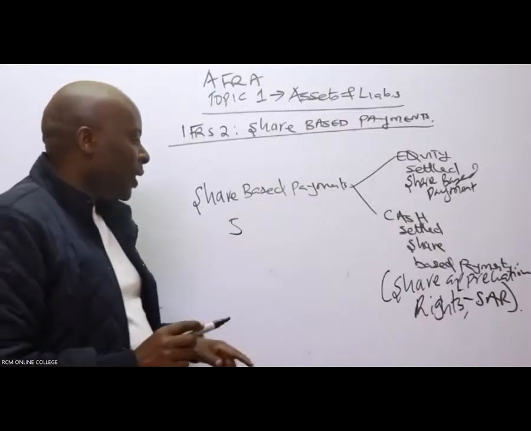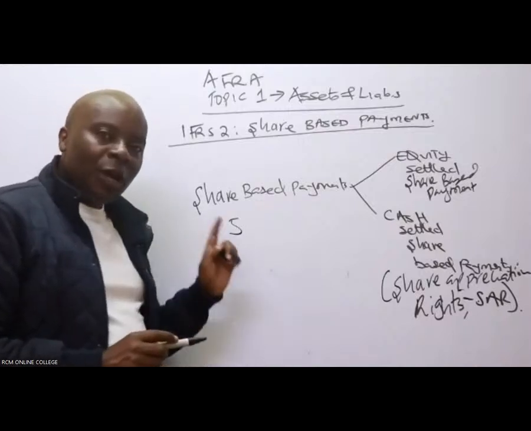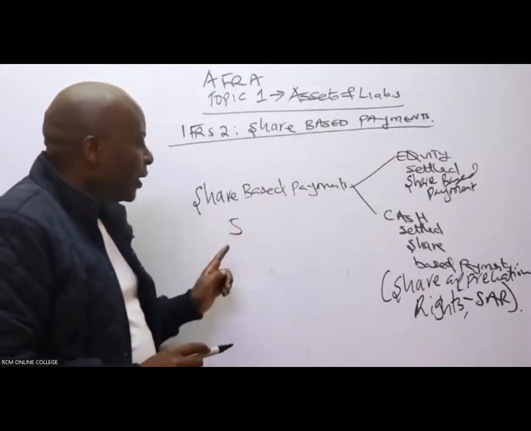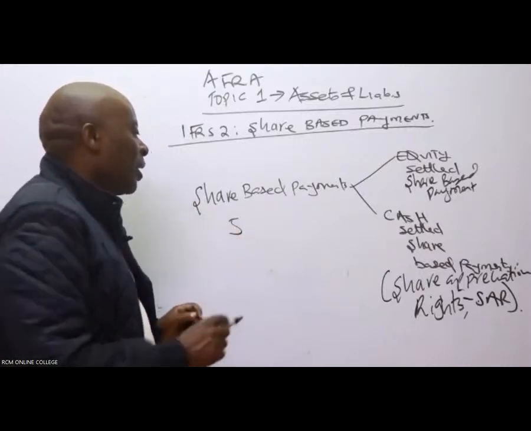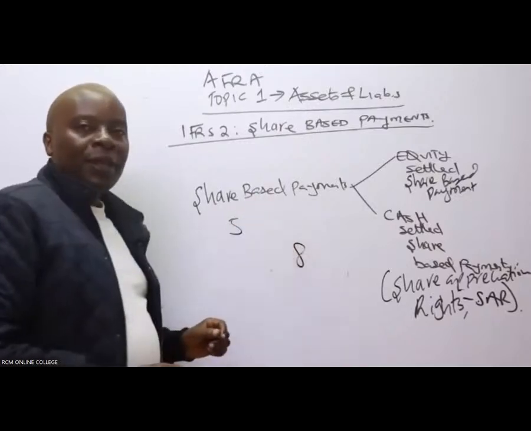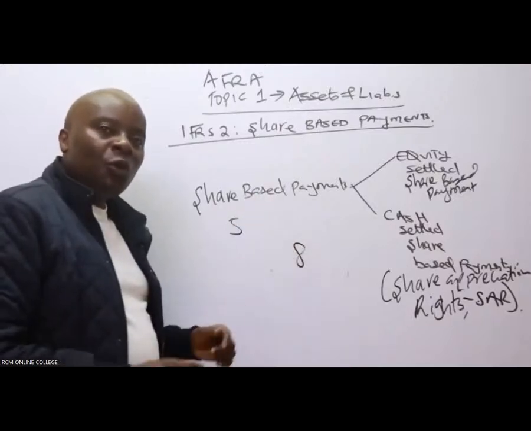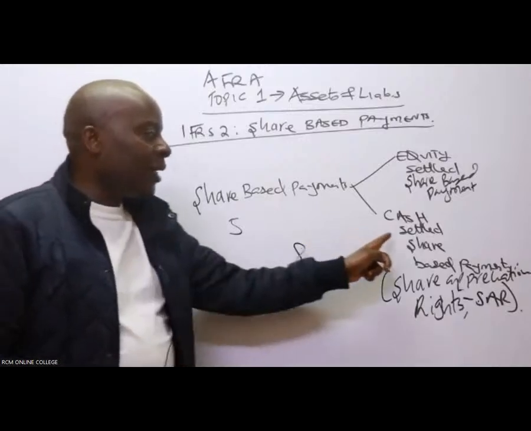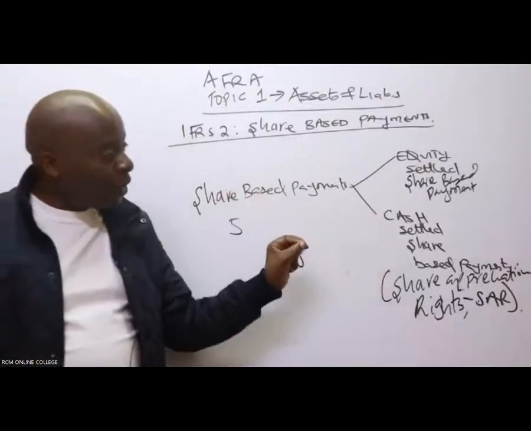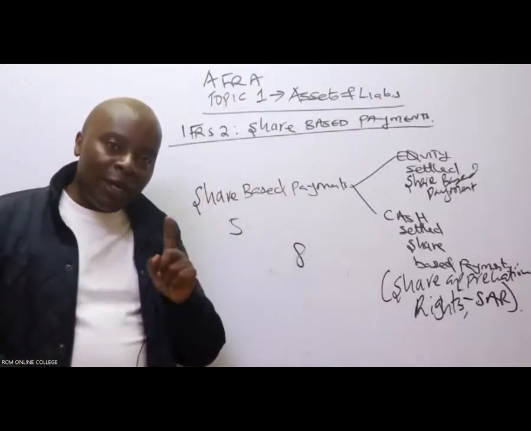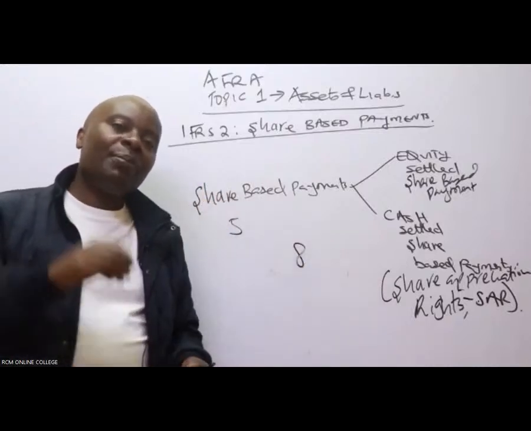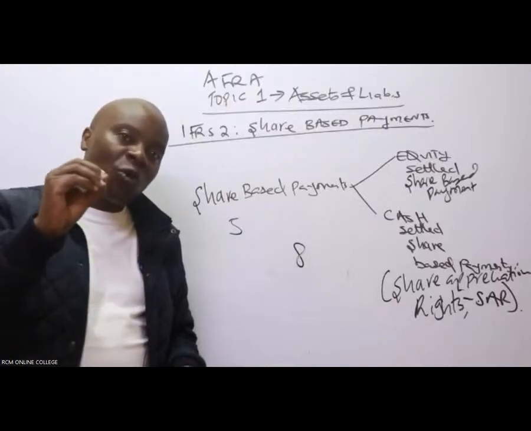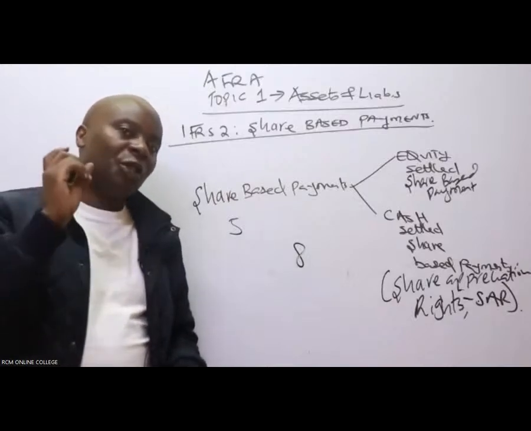Come end of the year, if our share price appreciates, for example, to 8, then in this case here we shall be able to give you some bonus. We are not going to give you shares here. We shall give you money. We shall give you bonuses. But this bonus is based on share price, share appreciation.